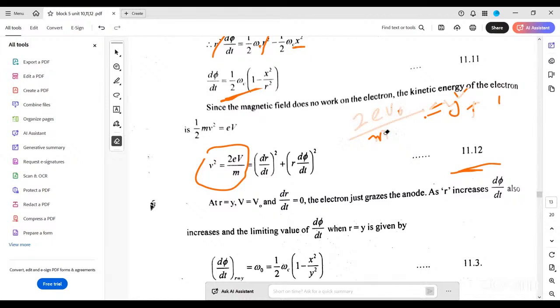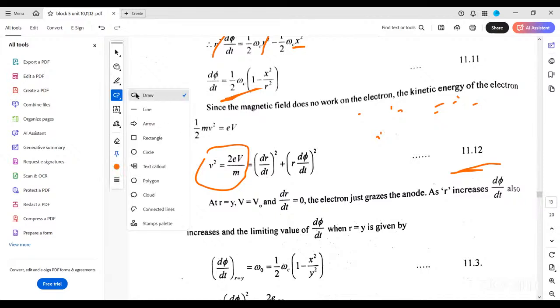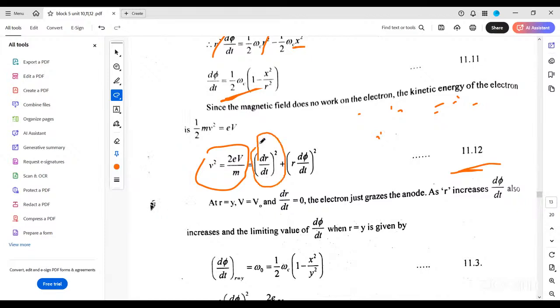V square equal to 2ev by m equal to dr by dt whole square plus r times d5 by dt whole square. In this, put 0 in place of dr by dt. In place of r, substitute y.